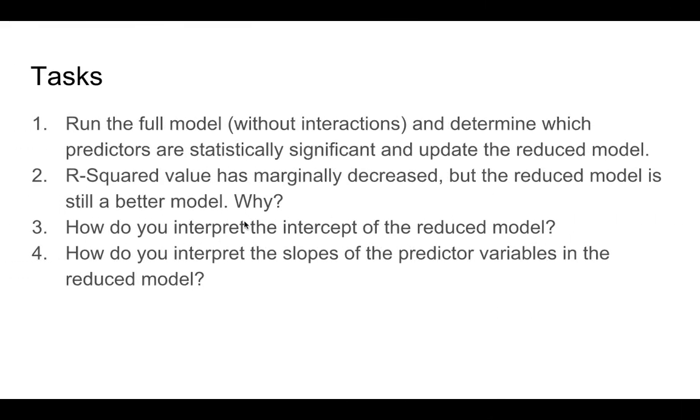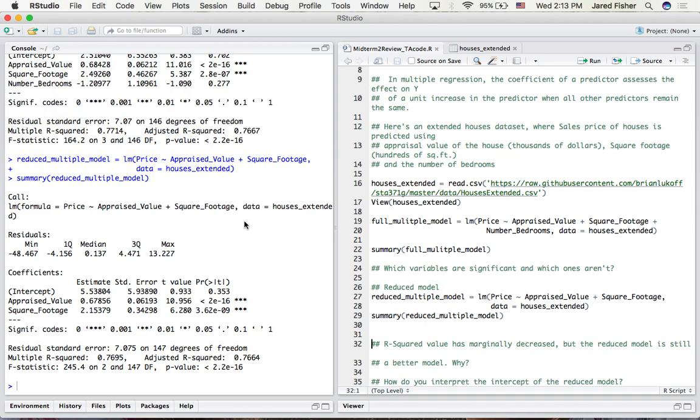And how do you interpret the slopes of the predictor variables? Just want to make sure you get the concept right. Say the slope of appraised value. How do you interpret that? No, you got it exactly the opposite.